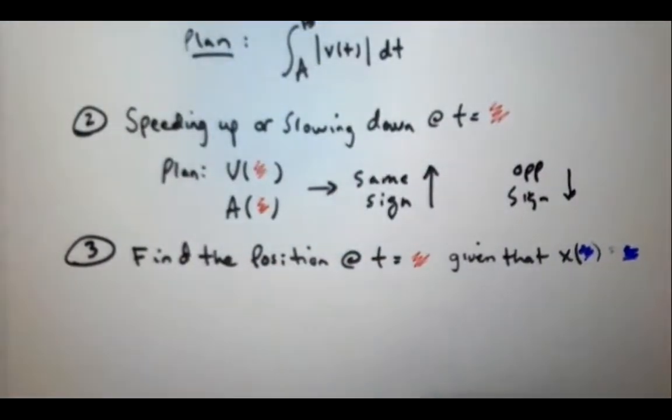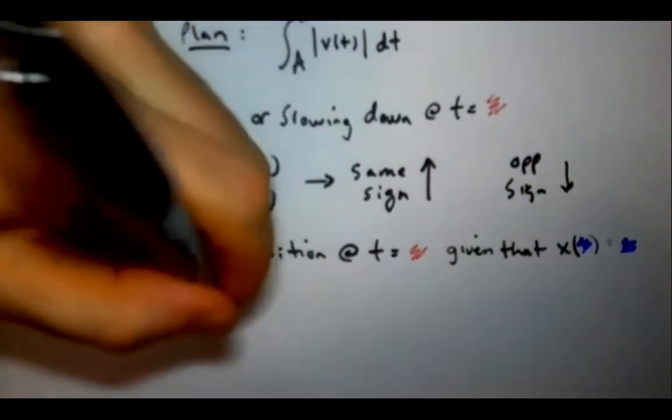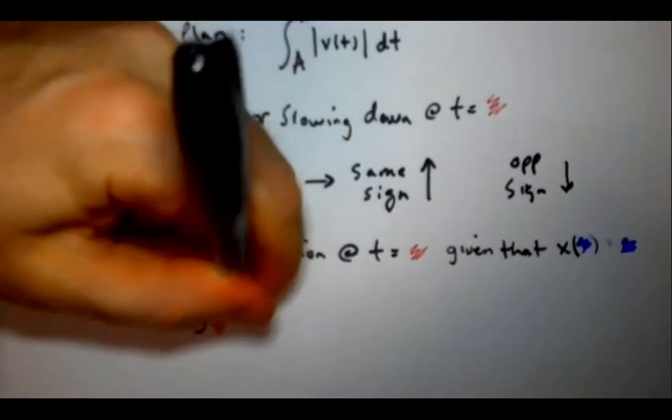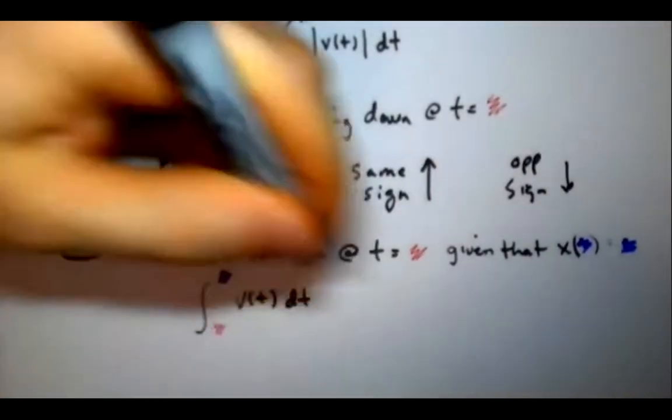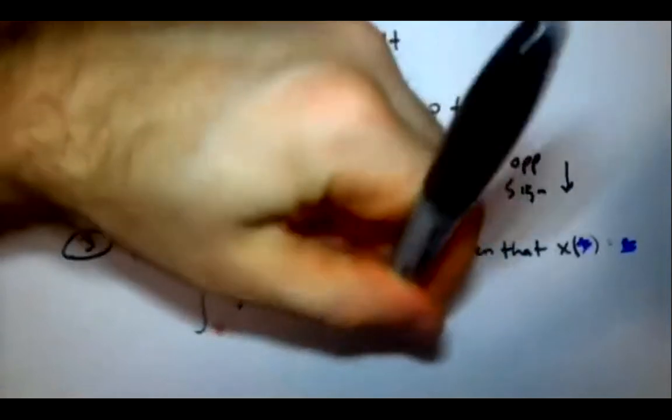How do we find position if we are given one of the position values? What is it that I'm integrating? The velocity. That's it. So we're going to integrate from a bound I know and a bound I want. And we're integrating v of t dt. And when you do that, it's going to be position at one of these minus the position at the other.